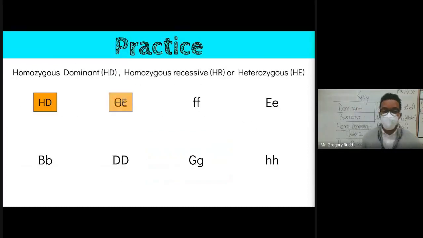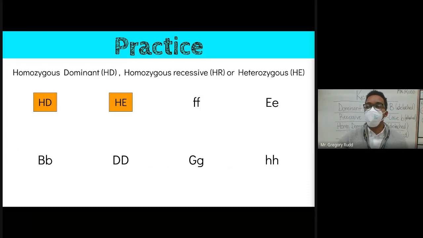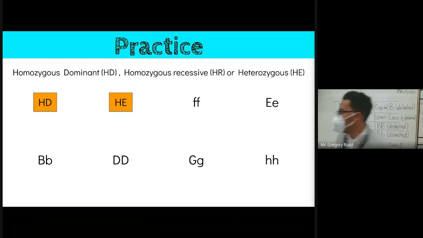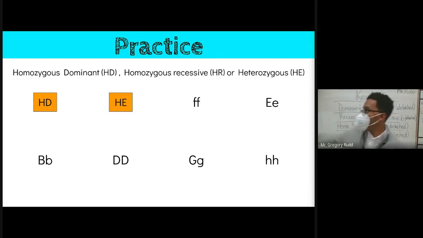Let's try another example, one we weren't just working on. So look, we're looking at FF now. Are they the same or are they different? They're the same. So homo. We know we're not talking about hetero.